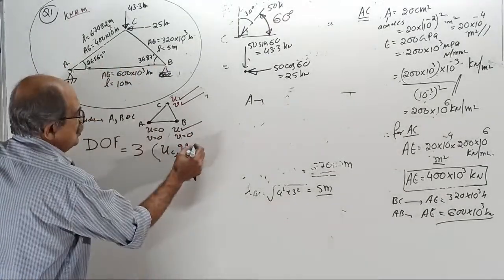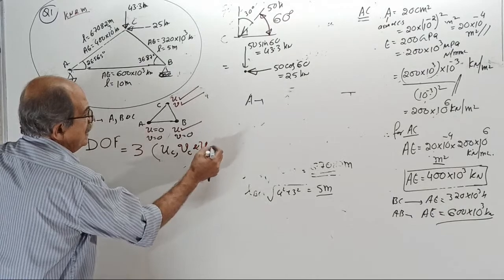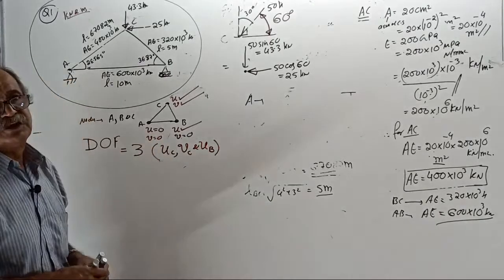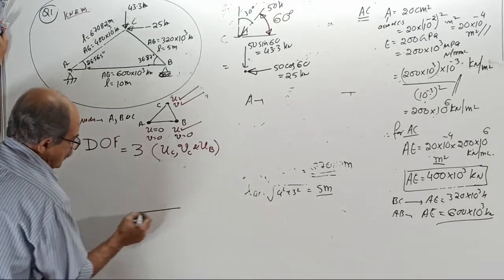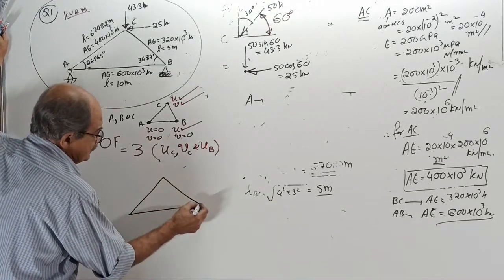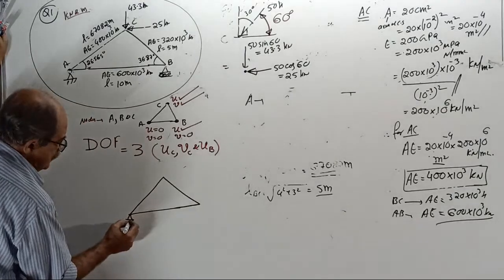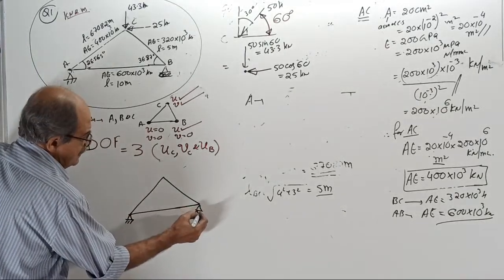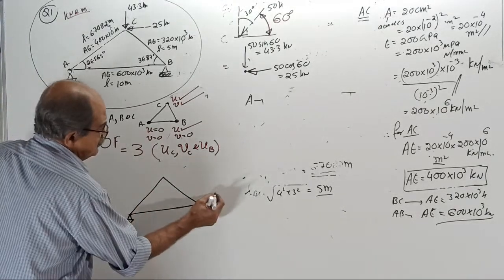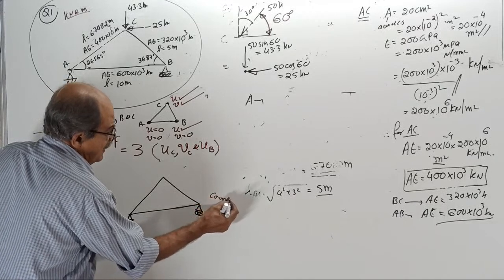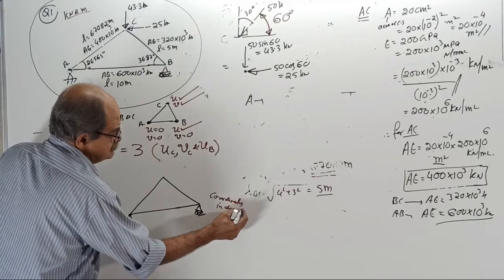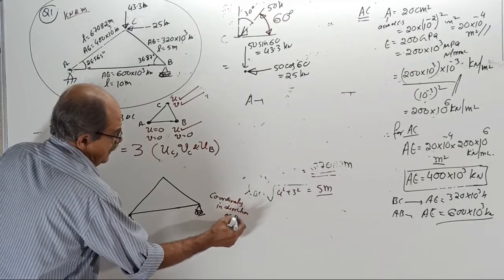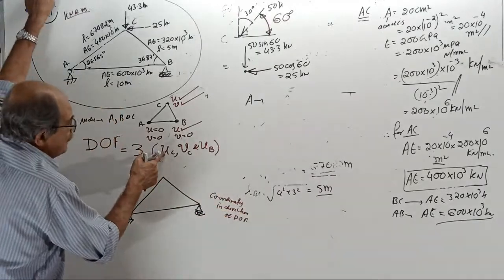And also U at B, UB. Now write the coordinates in direction of degree of freedom, in the same order.